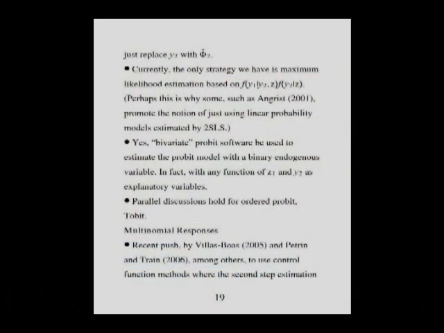There are, of course, some poor strategies that one might hope work but don't. You can try plugging in fitted values from a first stage estimation. So in the binary response case, you might model y2 as a probit and then try to stick it inside a second stage probit, and we know that does not work. Although, as recently as 3 weeks ago, somebody contacted me wanting me to tell them that yes, that did work.